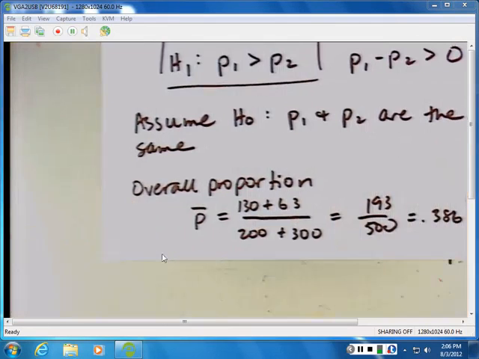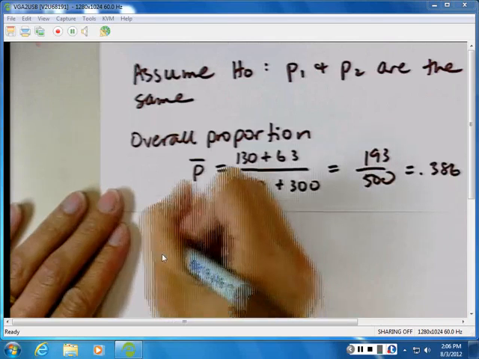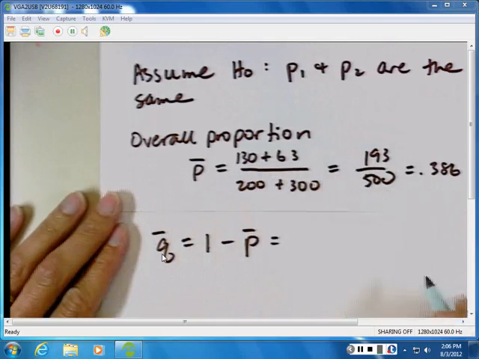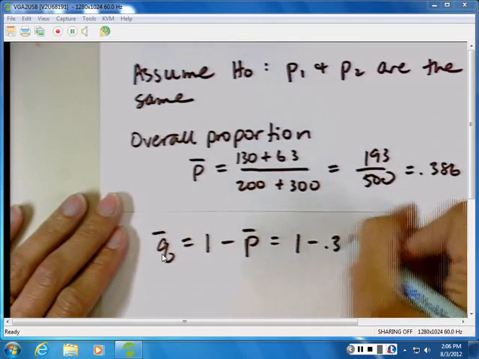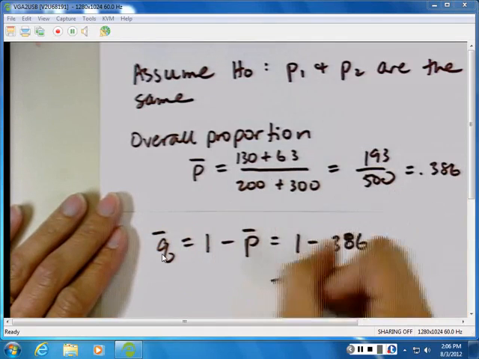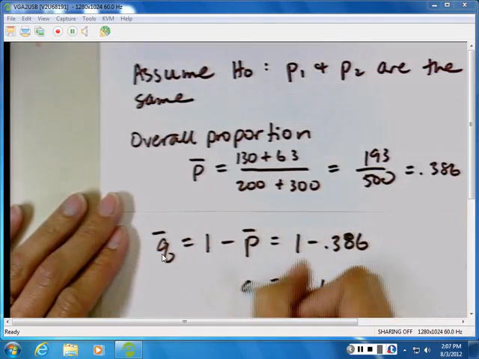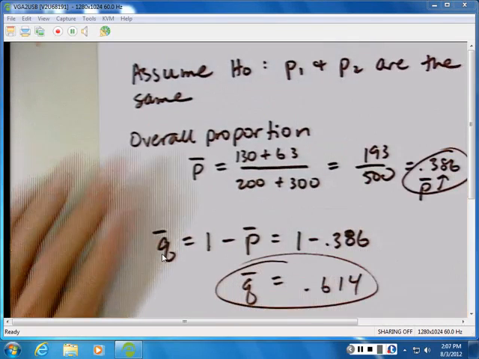So I've got this p bar, this overall proportion, assuming that doesn't matter if you're a man or a woman, they're the same. And I also need q bar. So q bar is 1 minus p bar, not unlike our binomial stuff from the past. So 1 minus 0.386, which would be 0.614. So there is p bar and q bar.